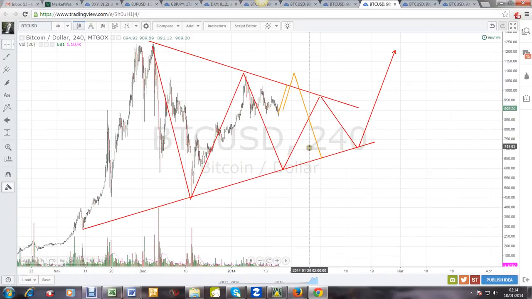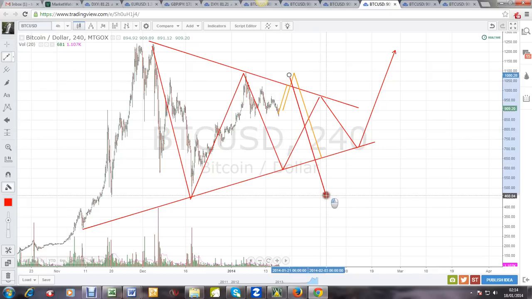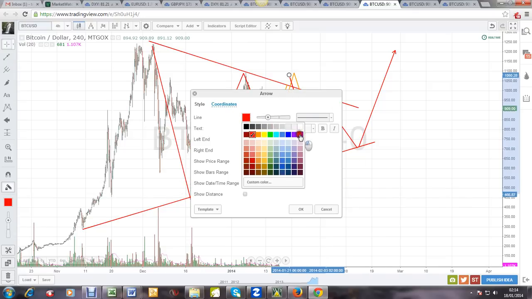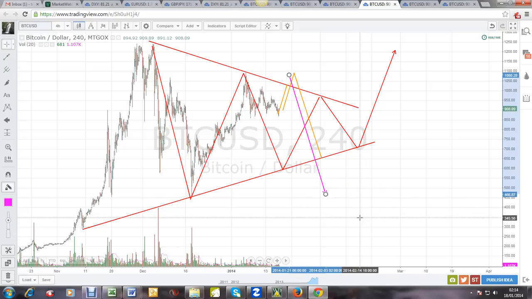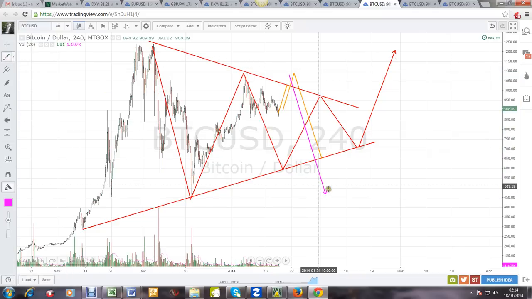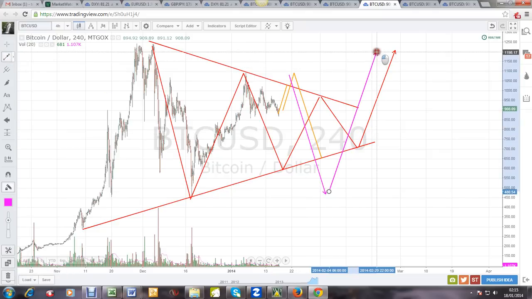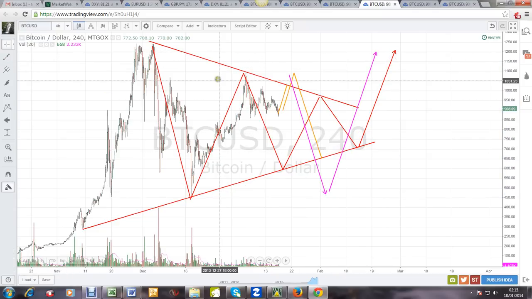So you got two possibilities here: we get a market coming all the way down from here to there, like that, and then going up, or the market doing this symmetrical triangle.